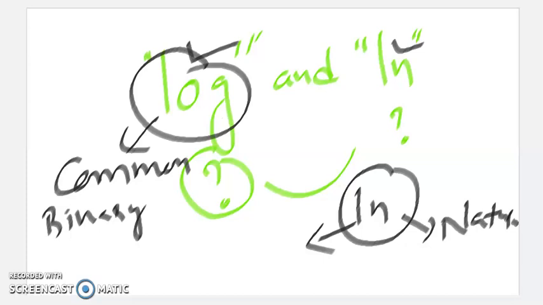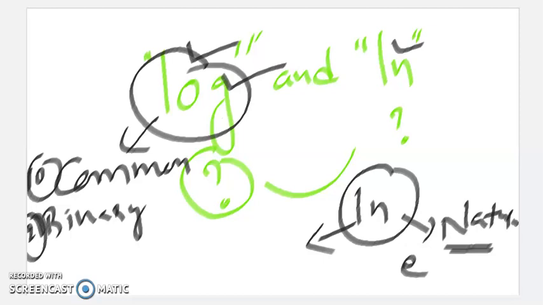We conclude that log can be used for common or binary logarithms. Ln can be used for natural logarithms only, meaning it has the base e. Common logarithms have base 10 and binary logarithms have base 2. I hope you understand these symbols.